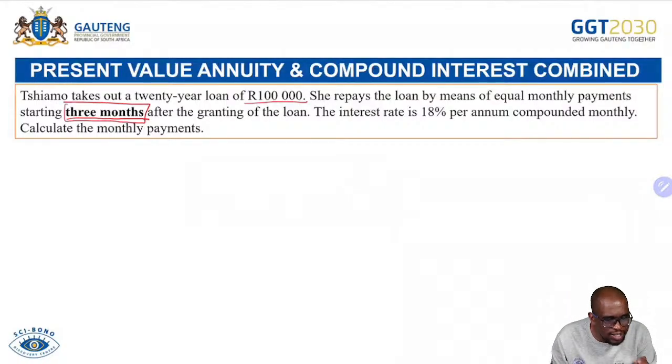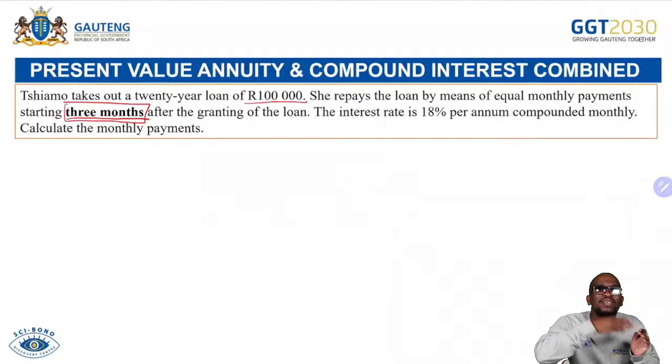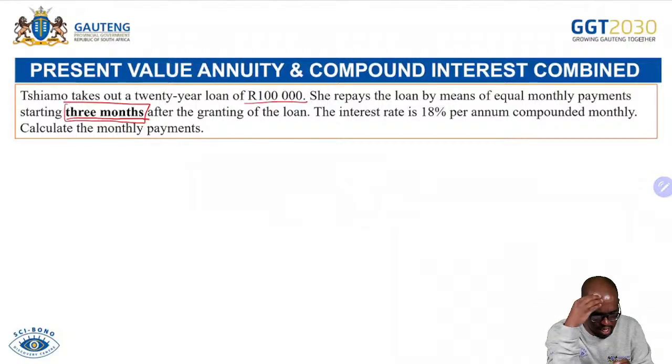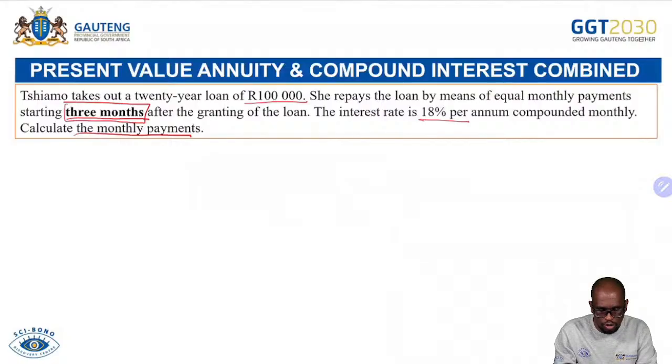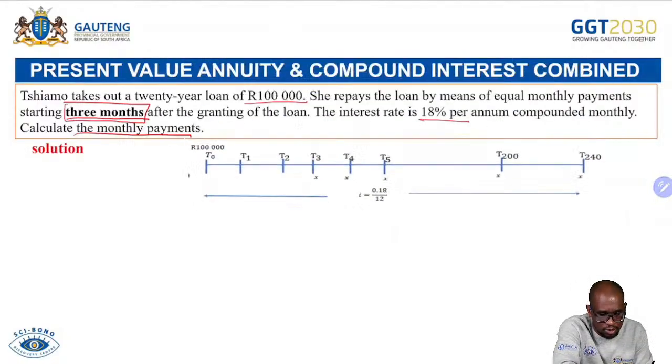So we do not have a one period gap, 1 month gap. Instead, it's 3 months. How do we deal with that? The interest rate is 18% per annum compounded monthly. Calculate the monthly payments. Okay, so this is just a variation that I will need you to be able to work with.